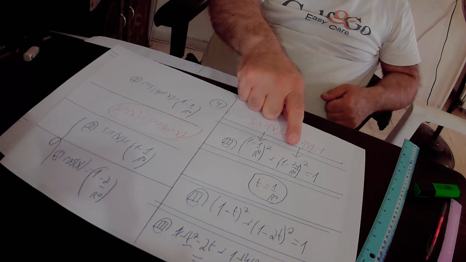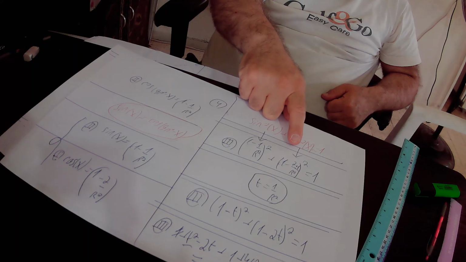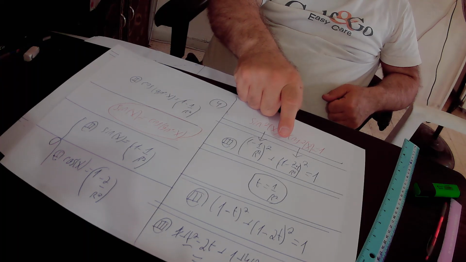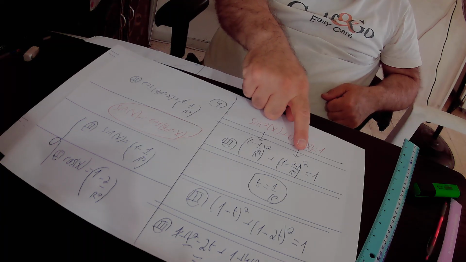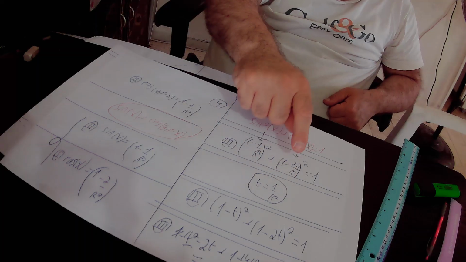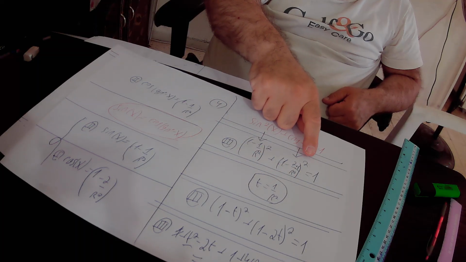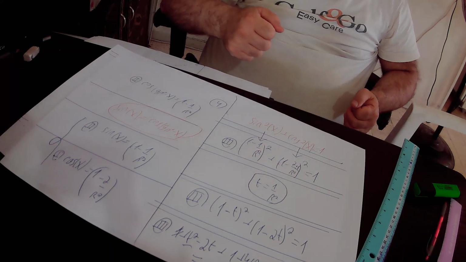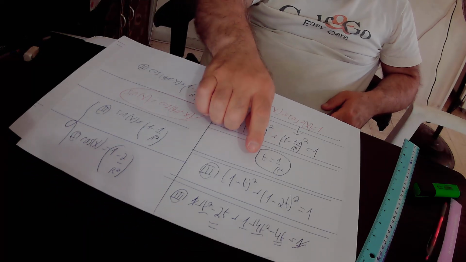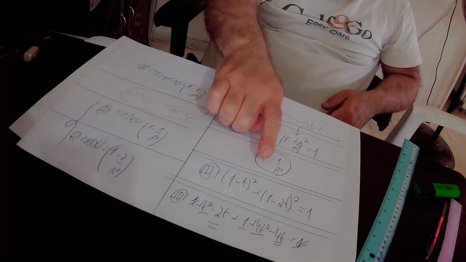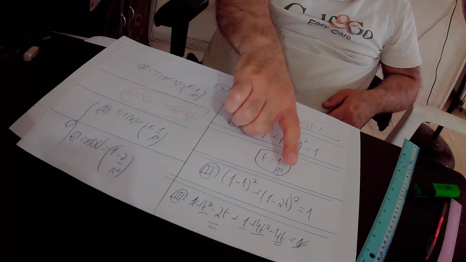So 1 minus 2 times 1 over r squared is 1 minus 2t, so it is (1 minus 2t) squared, and it equals 1. In conclusion, according to equation 3, (1 minus t) squared plus (1 minus 2t) squared equals 1.